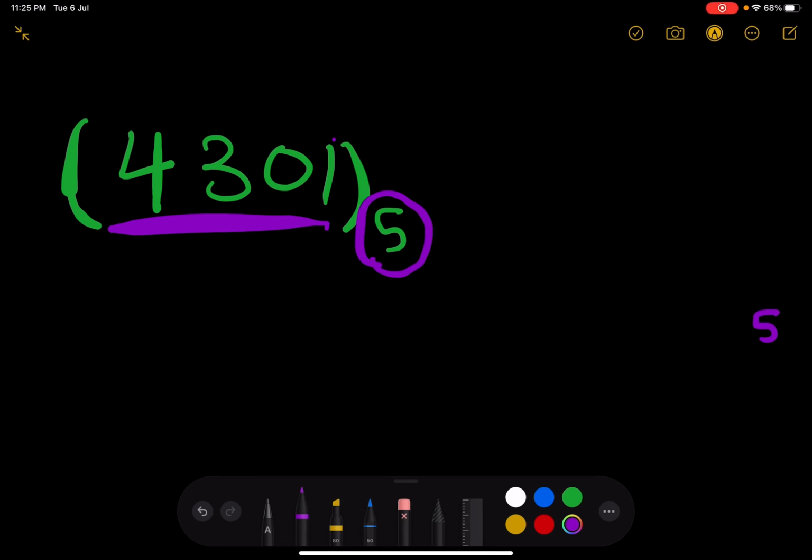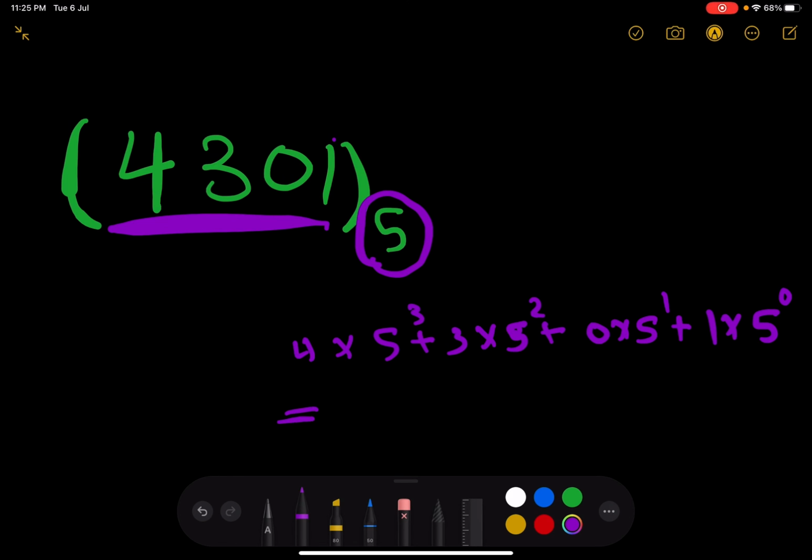Okay, so starting with 5 power 0 times 1, then we add 5 power 1 times 0, then 5 power 2 times 3, then 5 power 3 times 4, and we add all of them together.